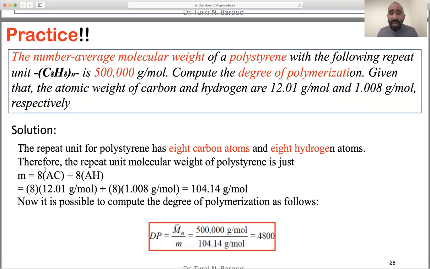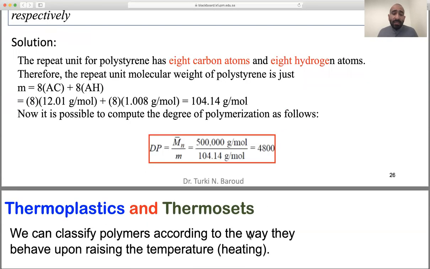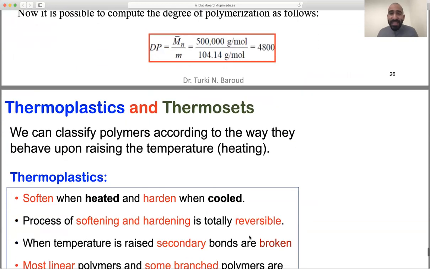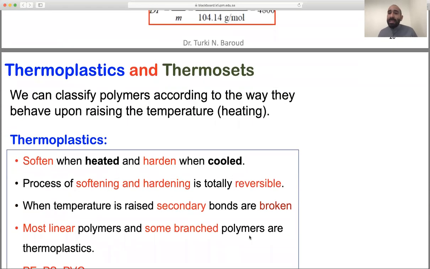How many carbons do you have in each repeated unit? Well, you have 8 carbons plus 8 hydrogens. 8 times 12, because 12 is the atomic weight of carbon, plus 8 times the atomic weight of hydrogen. That's going to be 104. That's going to tell you the molecular weight of the polystyrene. If you divide these two, you end up having what's called the degree of polymerization. So the degree of polymerization here is 4,800.